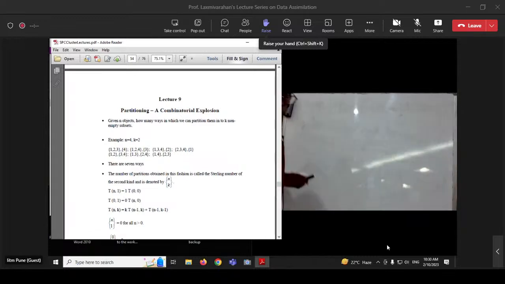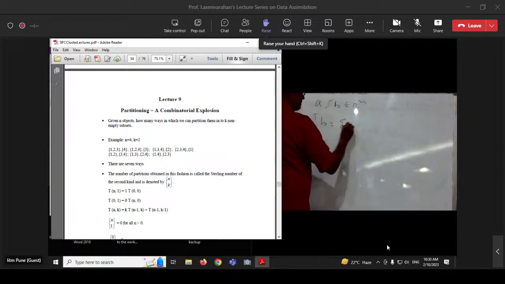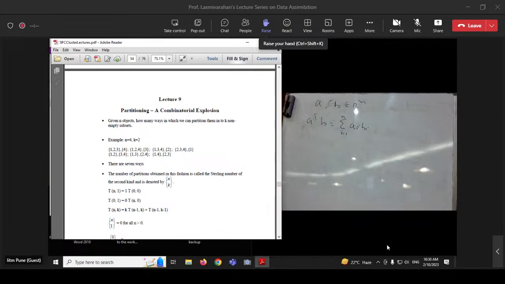So if I have two vectors, let A and B be two vectors in R^n. I want to compute A transpose B, the inner product. That's equal to the summation of A_i B_i, i equals 1 to n. So what is the total amount of time required to compute the inner product of two vectors of size n?